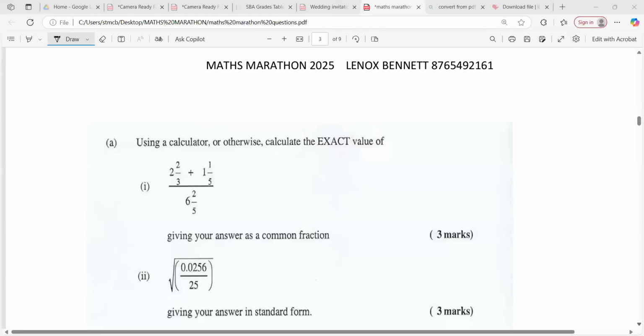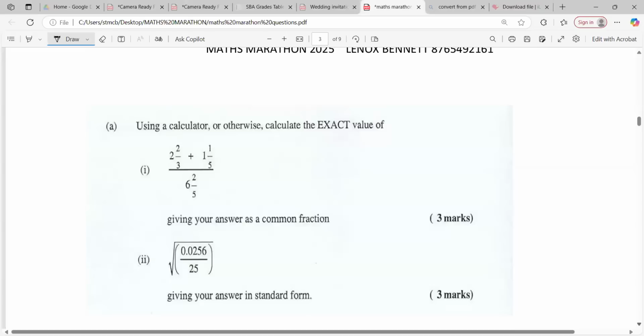Right. So we could do the fraction first. 2 and 2/3 plus 1 and 1/5 divided by 2 and 2/5. So we'll look at it. All right, so we're going to deal with the top first, right? And then we divide by this. So we can either add the two whole numbers, so 2 plus 1 equals 3, and then we add 2/3 plus 1/5.